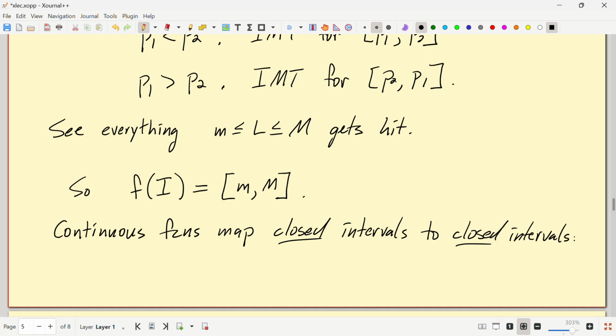Think about what happens if those intervals are not closed. Well, then it turns out you can map a semi-closed interval to a closed interval, or an open interval to a closed interval, but the thing on the other side is always an interval.